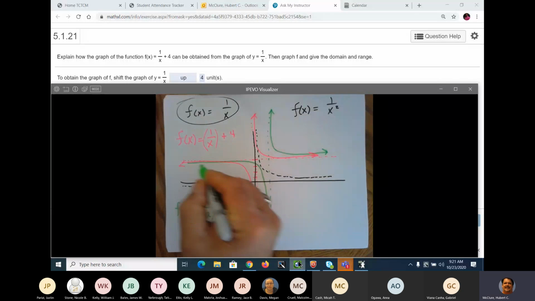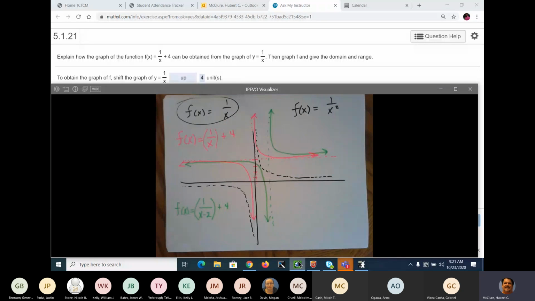So just like the parabolas, the number has to be connected to the x for it to be a horizontal shift. Okay?